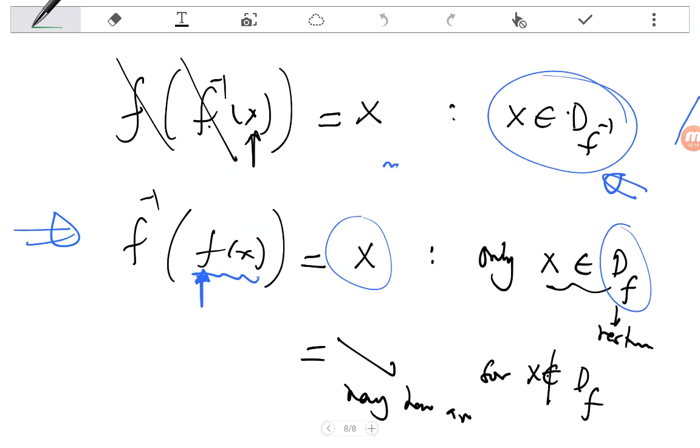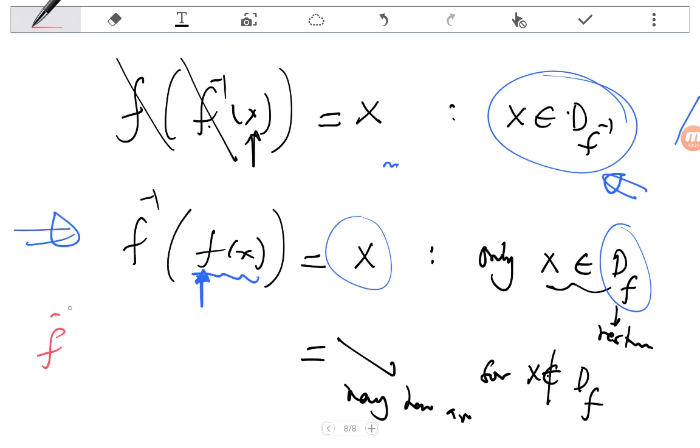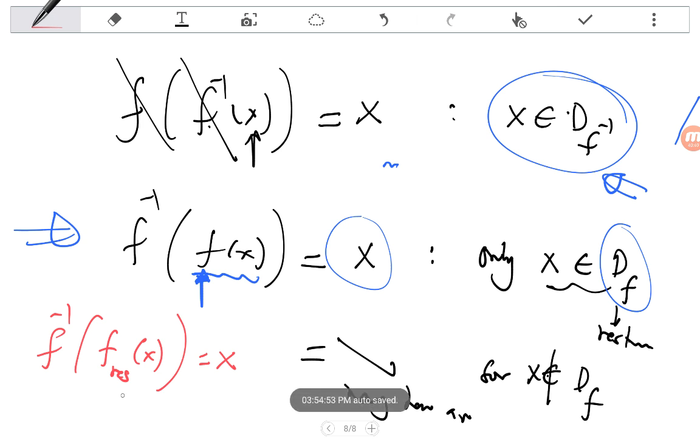If you understood what I'm talking about here, what if I told you to find f inverse of f restricted of x like this? What would be the result? Could I say that this result will always be x? What is meant by saying that f is restricted? That I am confined to this restricted domain.